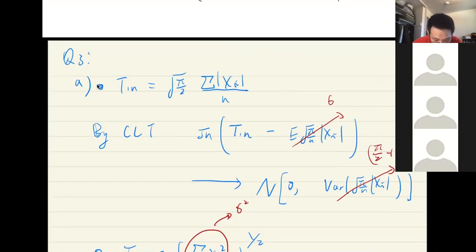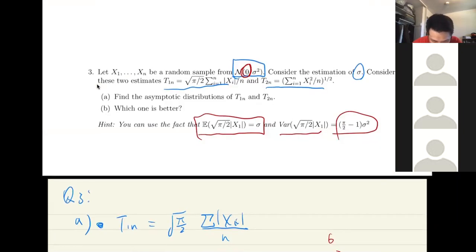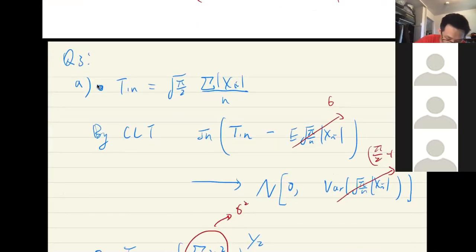Let me think. Yeah, it's a typo. Thank you. So this should be 2, and the n should also be 2. But you should still divide by n, I think, right? You mean divided by n?